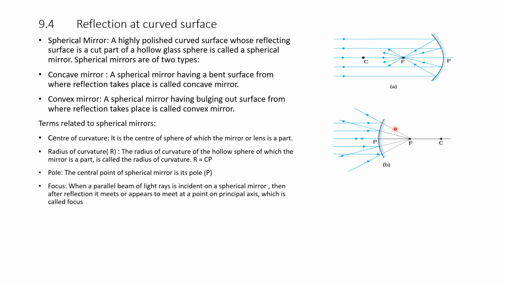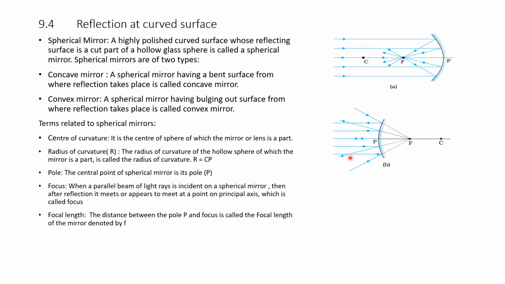So, it has to be projected backwards. Hence, I will read the focus definition once again. When a parallel beam of light rays is incident on a spherical mirror, then after reflection it meets or appears to meet at a point on the principal axis, which is called the focus.